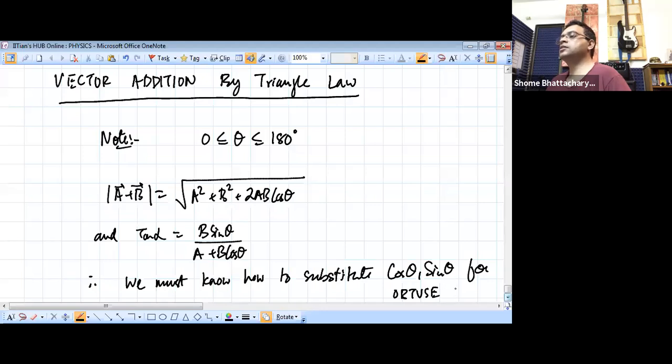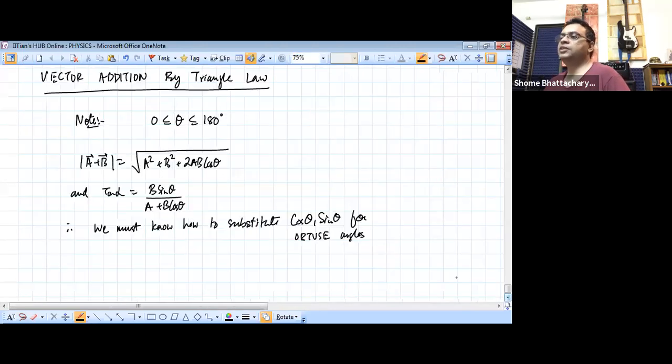For obtuse angles also. You're already familiar with the formula, so it's no problem. Because we can have a situation where two vectors are like this. So theta is less than 90. There's no problem here.